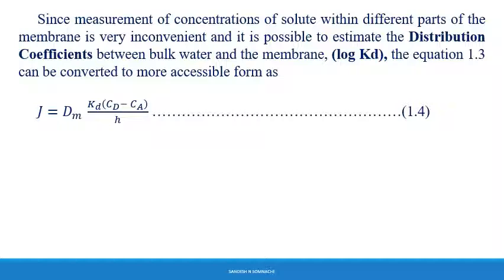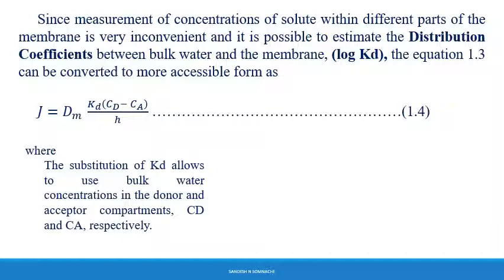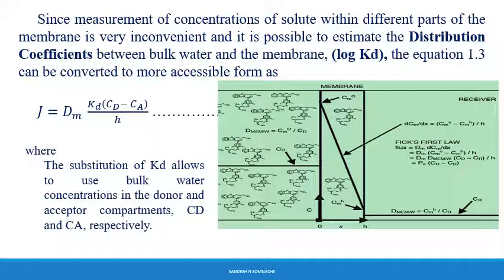where Kd, as we said, is a distribution coefficient that allows us to use the bulk water concentration of the donor and acceptor compartments, that is CD, the concentration of drug in the donor compartment, and CA, the concentration of drug in the acceptor compartment.